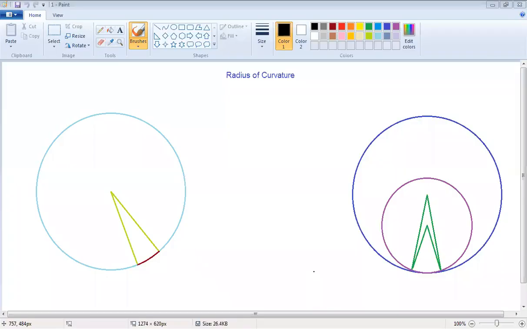So first thing we are going to do is radius of curvature. Let me explain what we mean by radius of curvature.